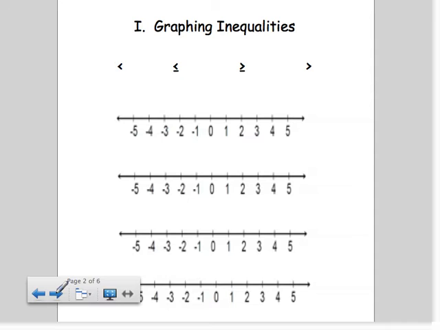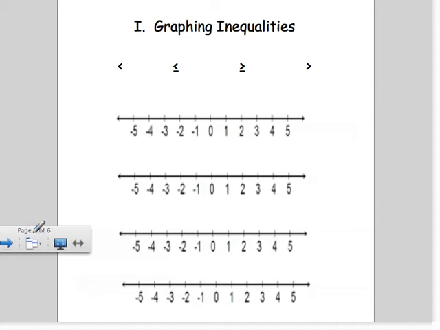To begin with, I want to talk about how we're going to graph inequalities to make sure that you understand what a statement like x is less than 5 actually means.